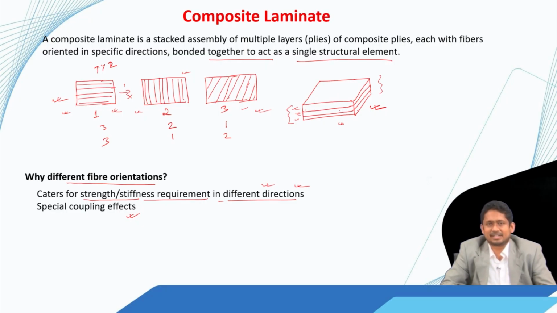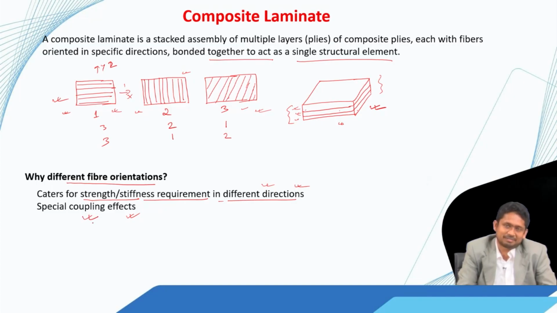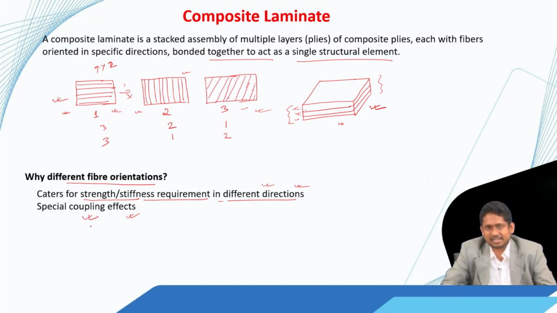So, when we need a certain kind of coupling, we can go for a certain type of lamination sequence. When we want to avoid some type of coupling, we can again choose a different lamination sequence. So, with proper lamination sequence, we can go for different kinds of coupling effects, which helps in tailoring different types of properties.